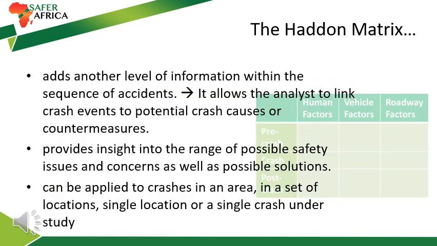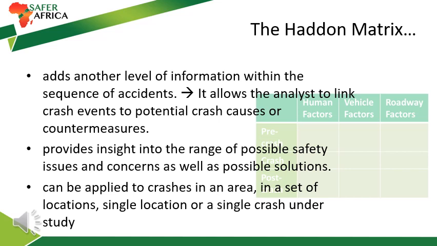This framework for analysis makes possible the identification of factors related to the human, vehicle, and environment within the 3 phases before, during, and after the crash that might be explanatory and contribute to injury prevention strategies. The Haddon matrix is a useful tool to organize a large number of potential accident causes in a meaningful way.